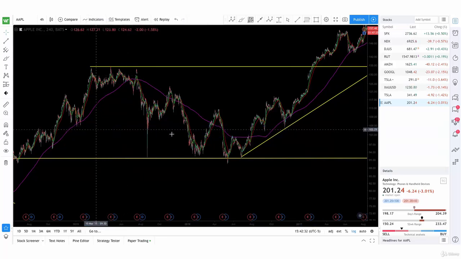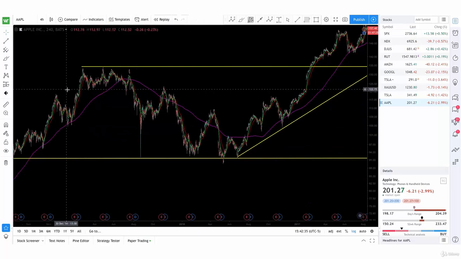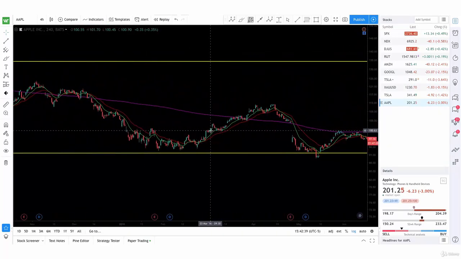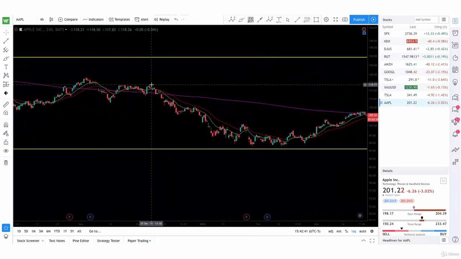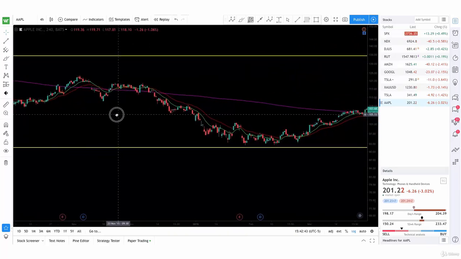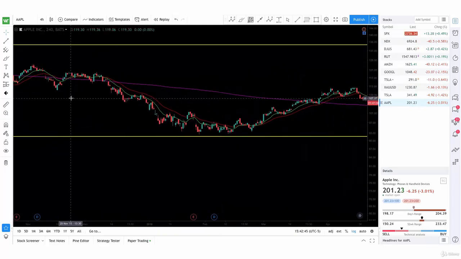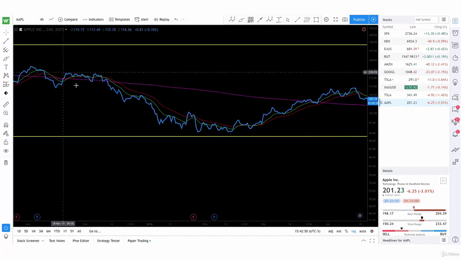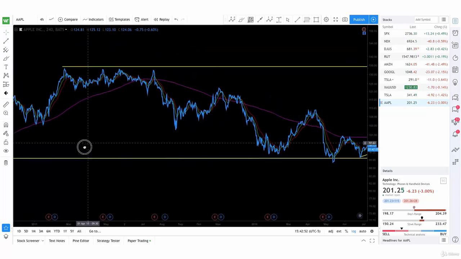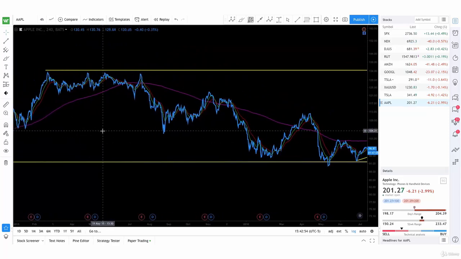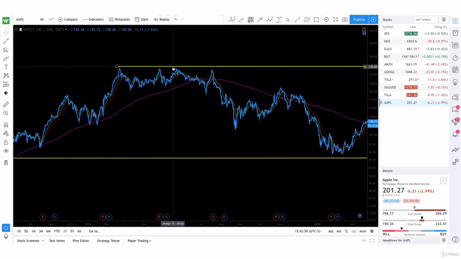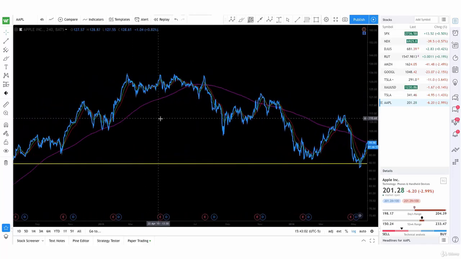Some people will take only the closing price without taking into account the little wicks, and they will draw trend lines that way, which is also possible if you just go into a line chart. That's the easiest way to do it, because you're talking about the closings only. It's more of a clean way of looking at it.